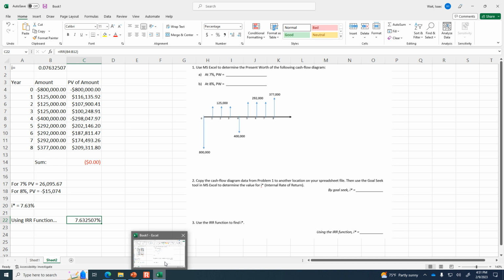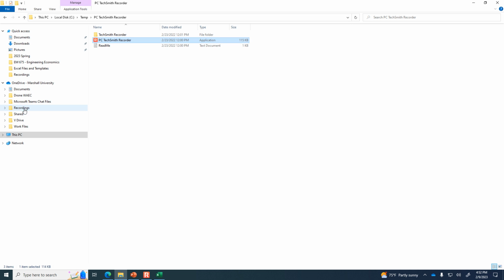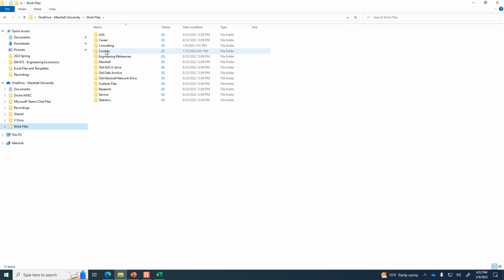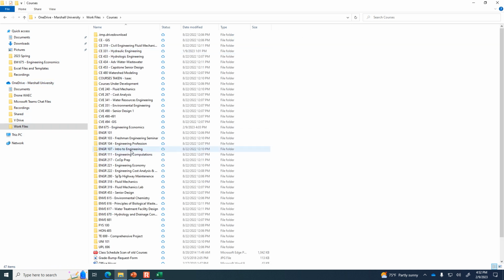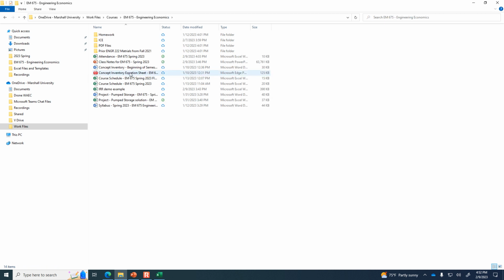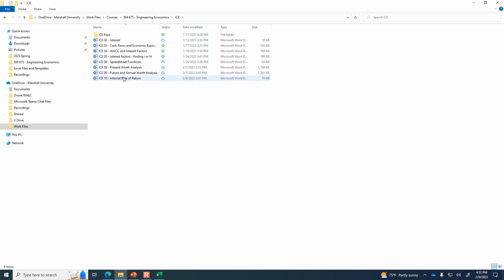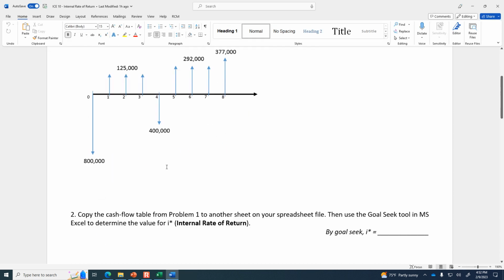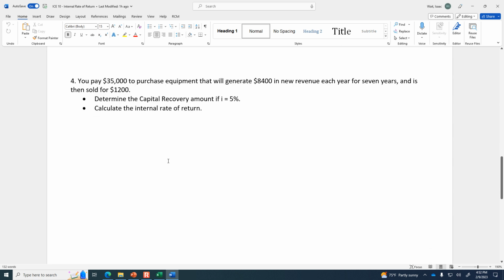The backside has a question related to capital recovery and internal rate of return. Let me pull up that problem and get it on screen. This is similar to the illustration I had on the whiteboard earlier, where we are paying a certain amount up front.